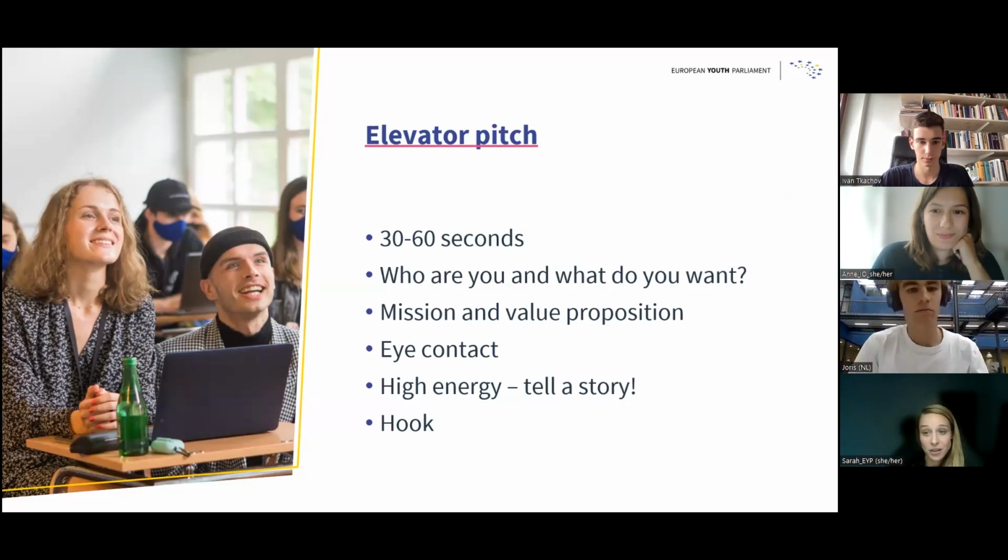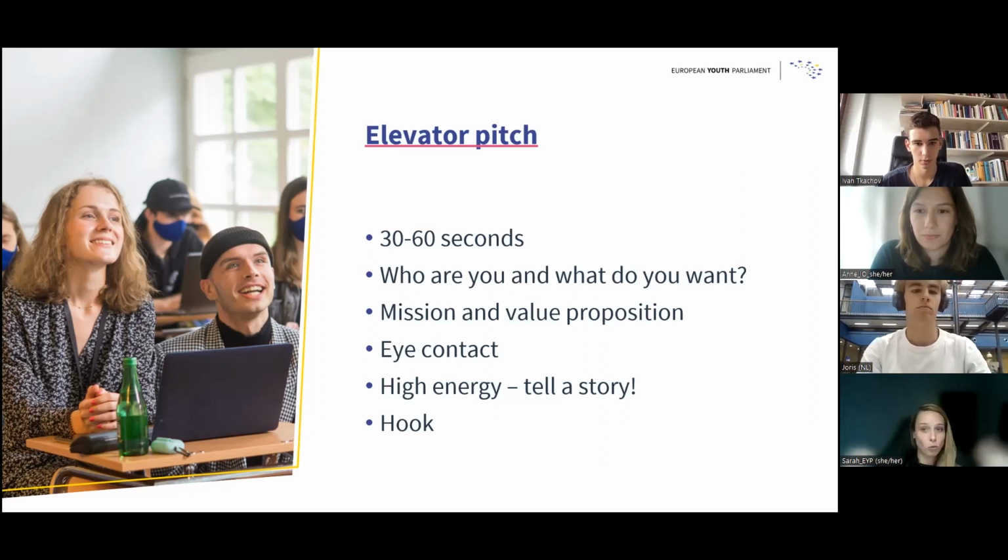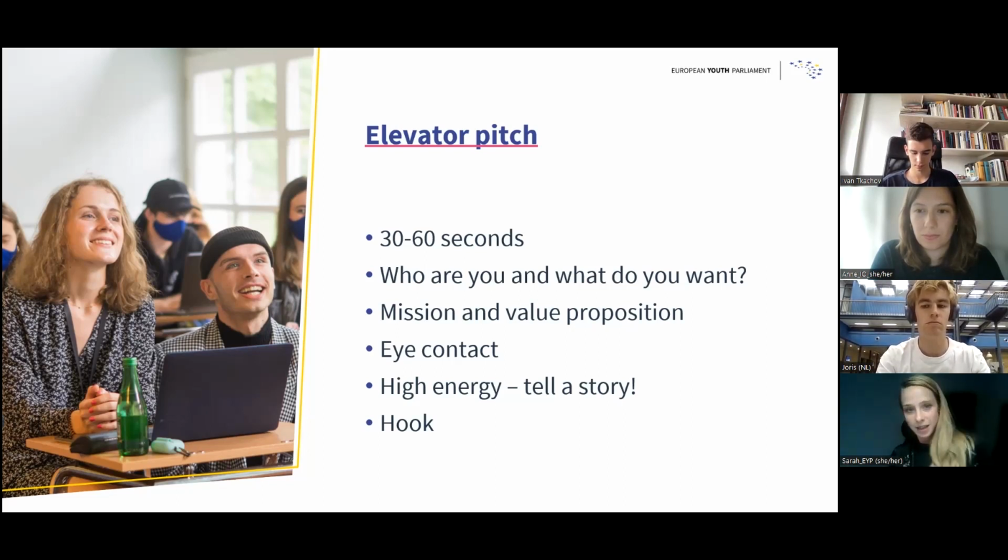First of all, pitching, the most challenging aspect of it is actually that it is so short. So you have in an elevator pitch 30 to 60 seconds to say who you are, say EYP's mission and what you are offering to them, and then at the end hook them with something like wow, something that captures their attention and shows how unique this opportunity to engage with EYP is.